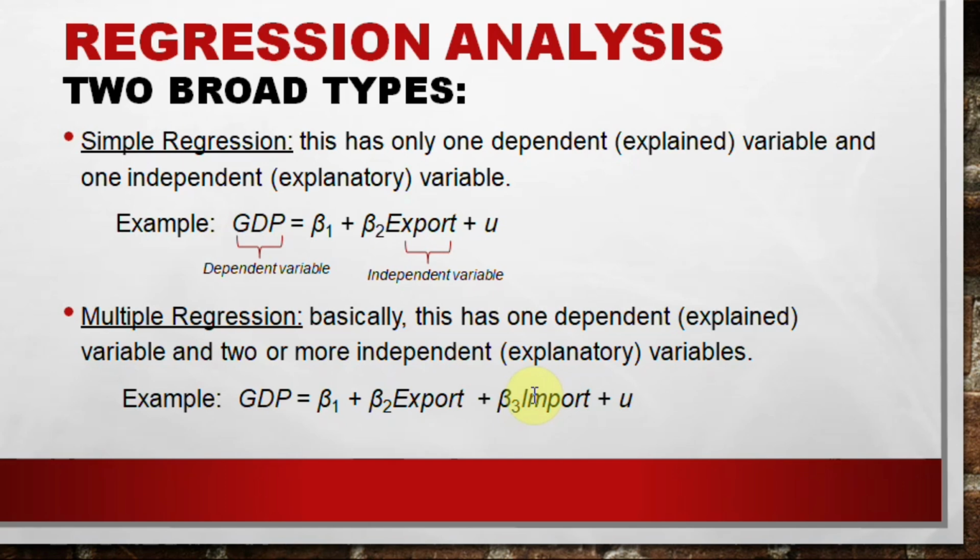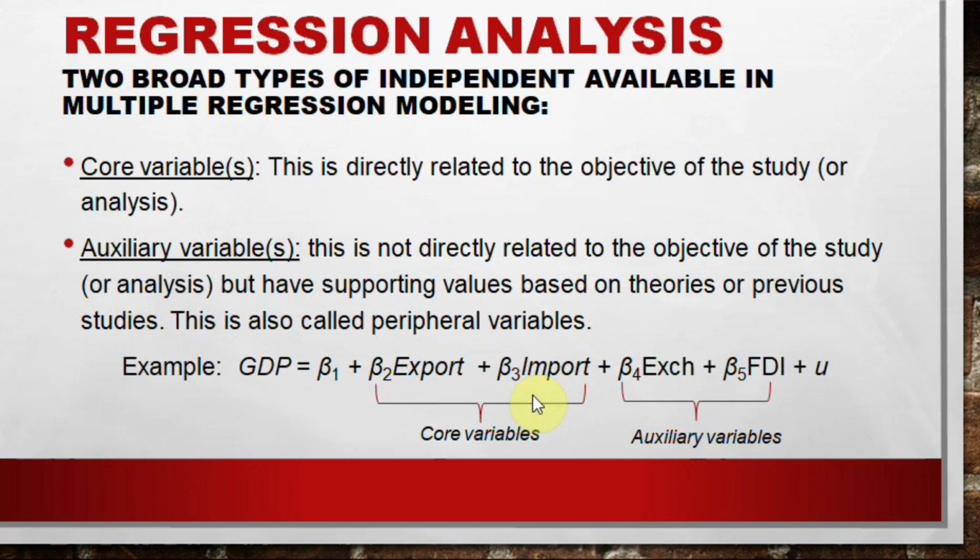Now I'm going to take you to EViews and we'll see how to do it. But before we go, let me say that the independent variables, we have what we call core independent variable and auxiliary independent variable. Now, your independent variable becomes core when it has to do with the objective of your study.